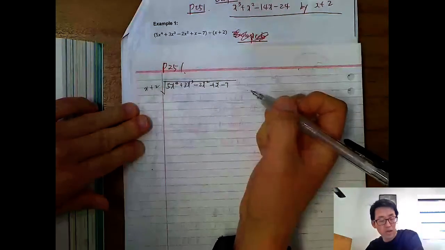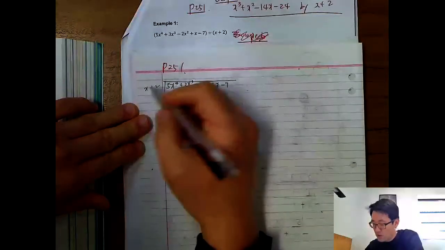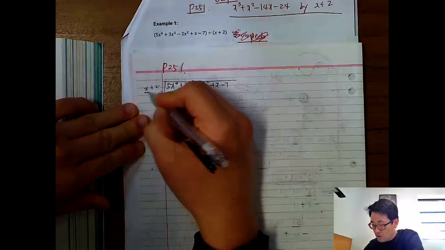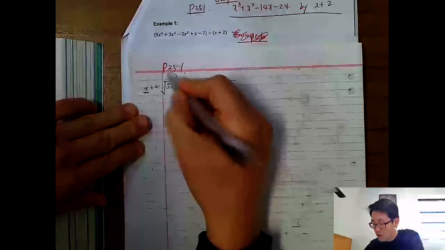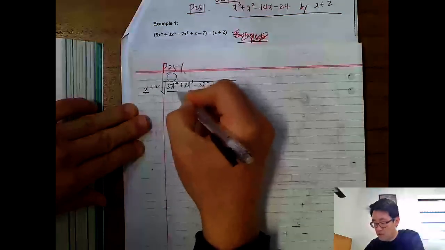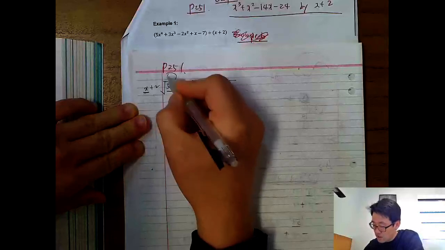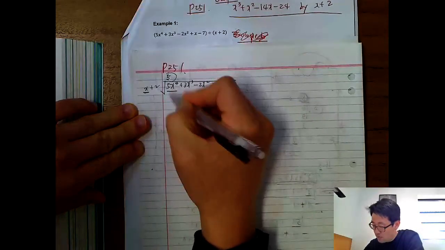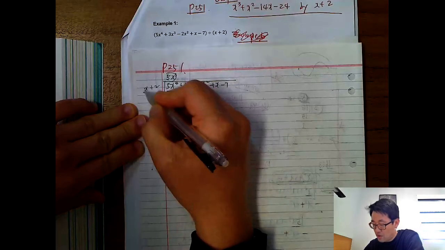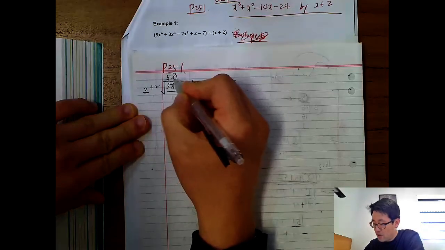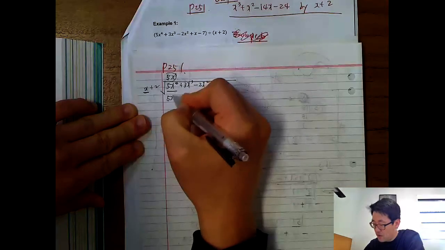Okay. All I need to do, we'll continue that. Look at the first one. That times what will give me this? I need 5 and x, therefore 5x cubed. Then x times 5x cubed makes 5x to the 4.